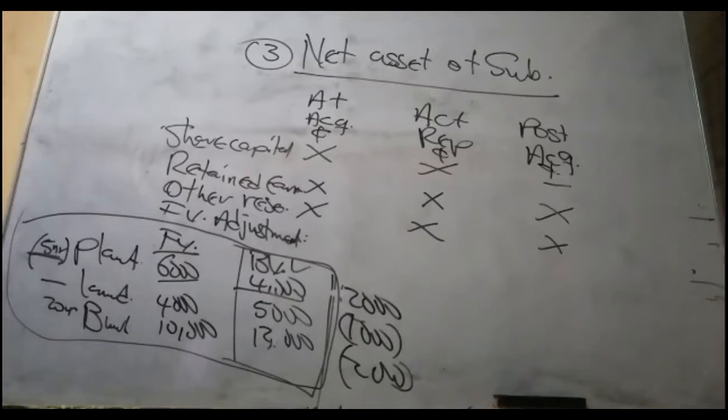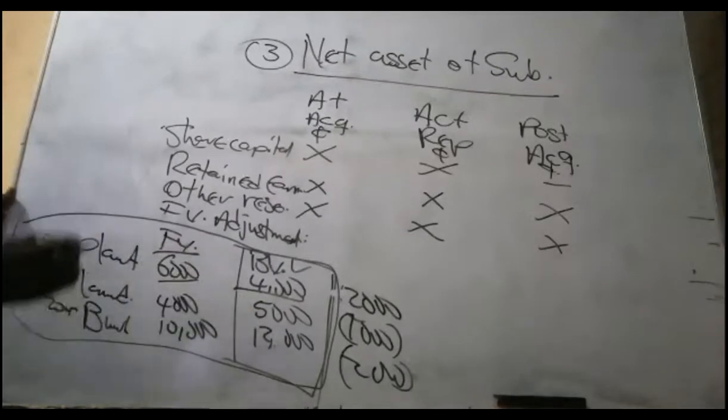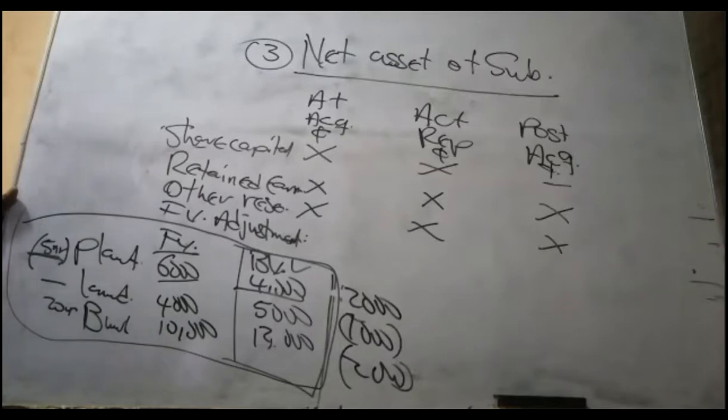We are done. Let me take it again. At the date of acquisition, the fair value and then the book values approximate the same value, or the book value of that of the subsidiary's asset approximate their fair value, with the exception of what?